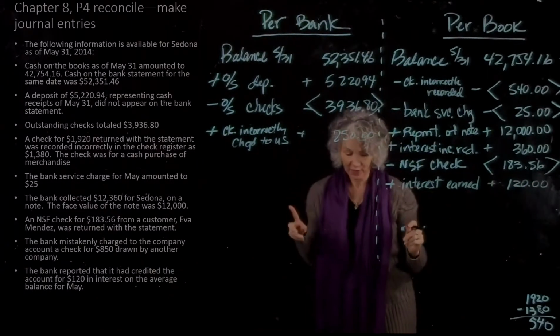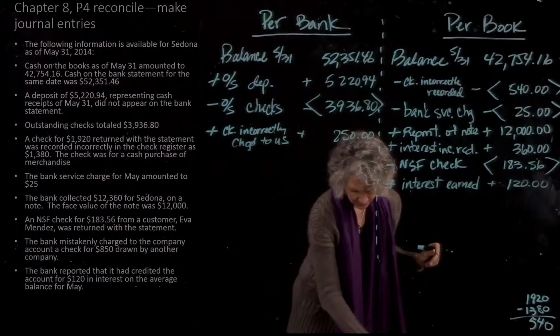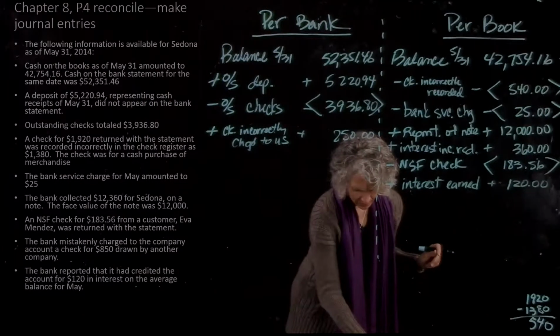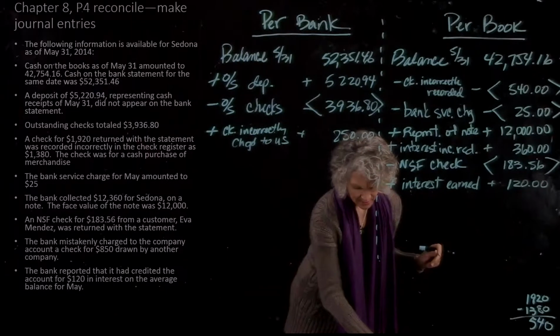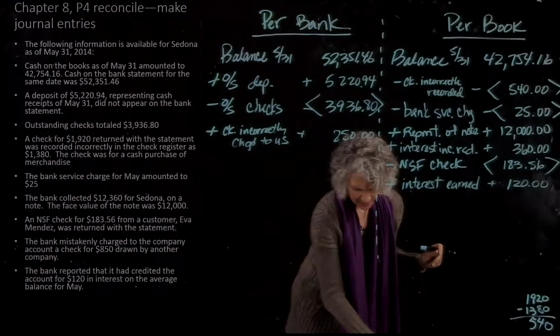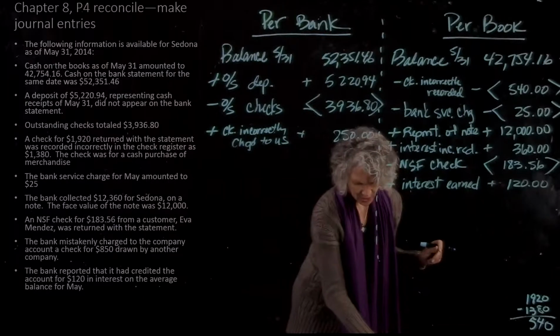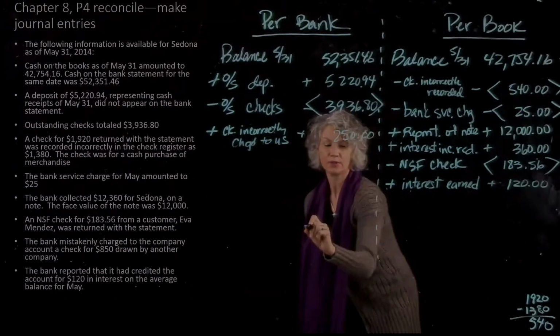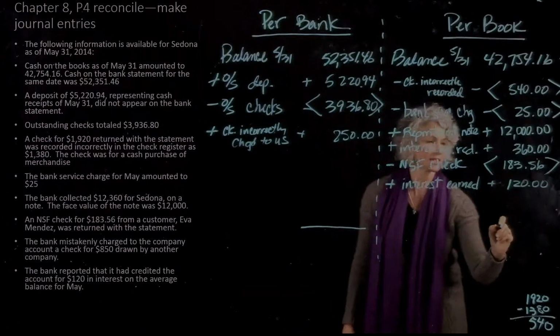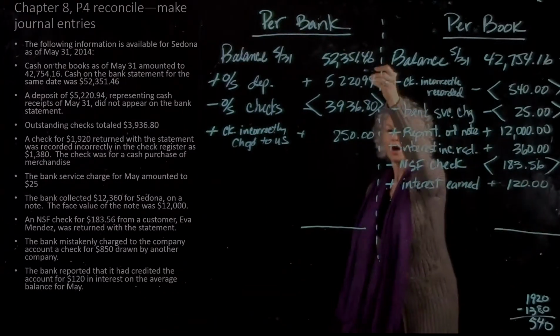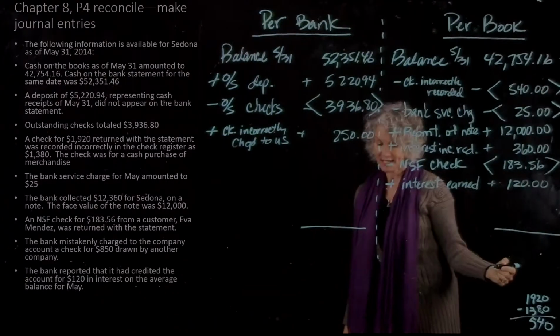Okay, now, if we have done a good job, these two columns are going to add up to the same. So balance per bank, there's the $850 deposit. I think that we've included everything. If we've done this right, these columns are going to add up to the same thing.